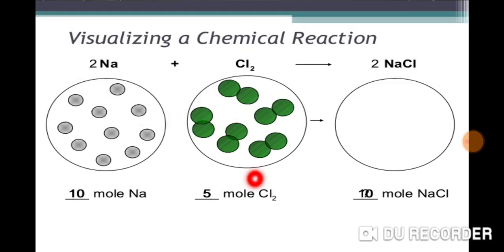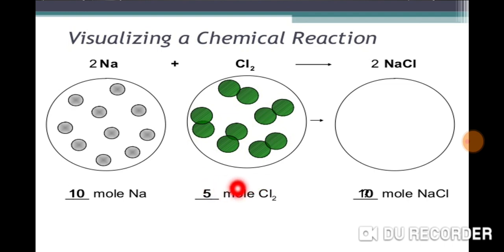So basically there are 10 atoms of chlorine, resulting in 10 moles of sodium chloride. So 1 mole is equal to 1 gram of that substance or element. 1 gram of sodium and 1 mole of sodium are one and the same thing. So if it is 10 moles of sodium, then here it is also 10 moles of chlorine.